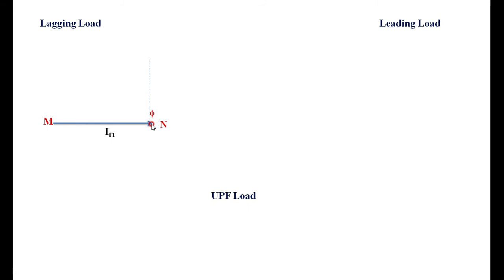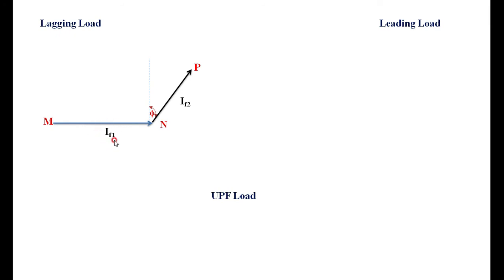Then you have to drop a perpendicular here. Lagging you have to take in the clockwise direction, whereas the leading vector should be taken in the anti-clockwise direction. It is a lagging load, therefore IF2 you have to add lagging by an angle of phi. So I am adding here the field current IF2, that is NP is nothing but your IF2.